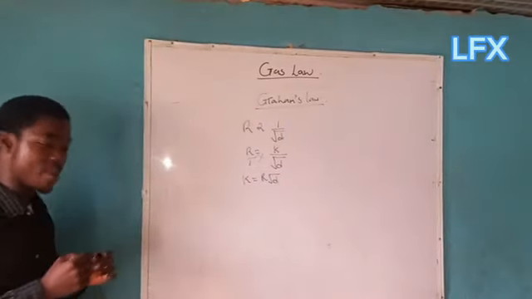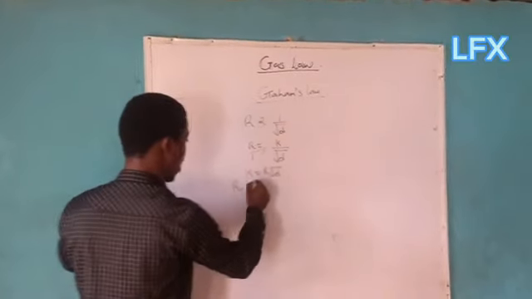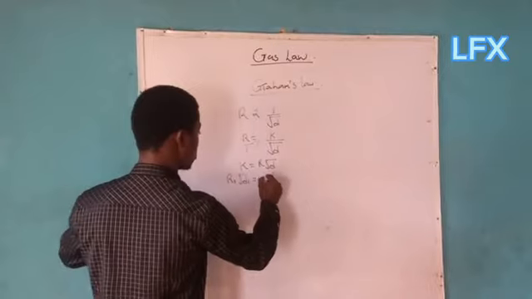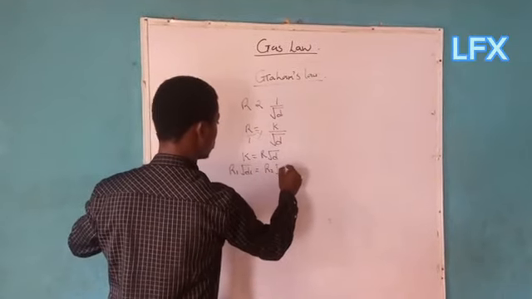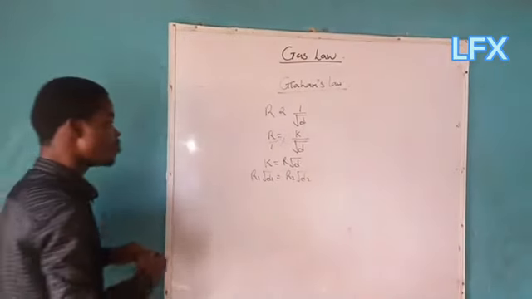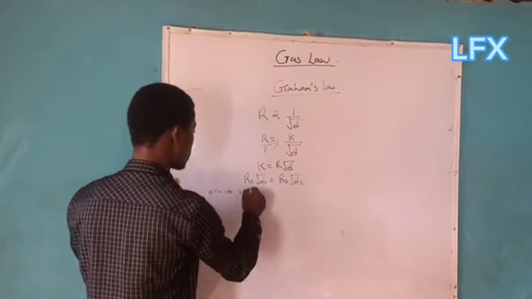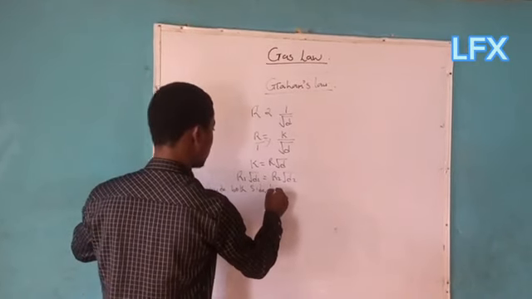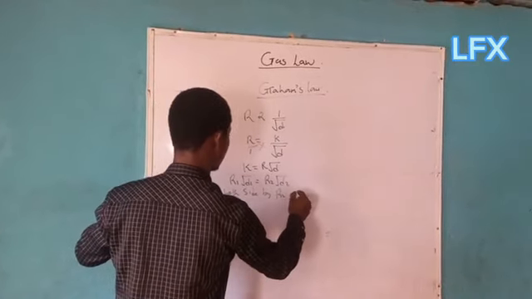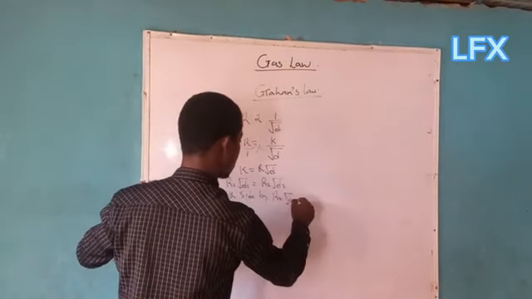So in a situation where I have two cases, I can have R1 root D1 equal to R2 root D2. So I can rearrange this, and if I'm doing that, I will divide both sides by R2 root D1.